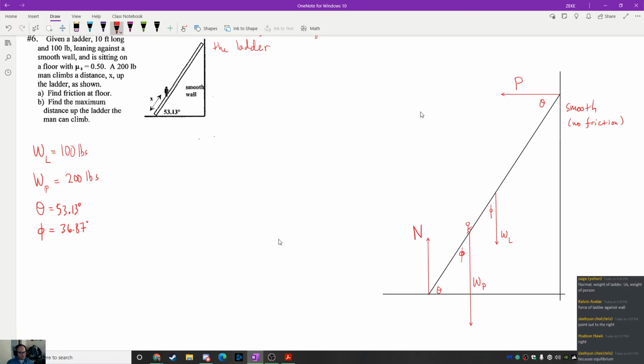Because of equilibrium, that's a great way to think about it. There needs to be some force to counterbalance this one, right? If we call this the x direction, in the x direction there is only one force right now, and it's pointing to the left. P is the force of the wall on the ladder.